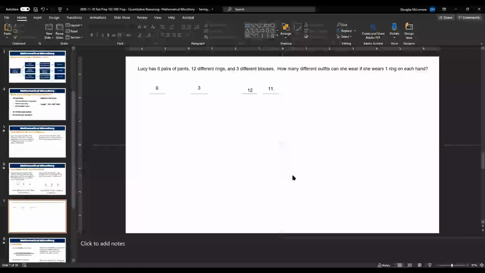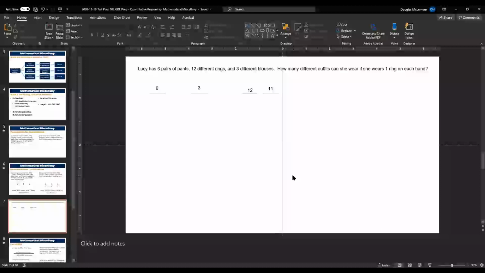Does the order matter? Unless otherwise stated, you should assume the order does not matter. They didn't give us anything here to make me think that I should deal with the fact that she's left hand or right hand. It just says she wears one ring on each hand.